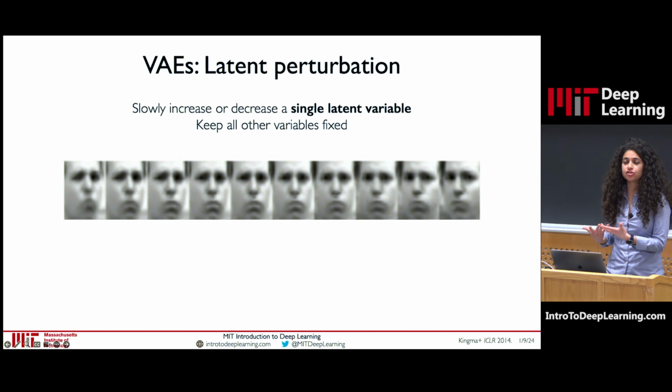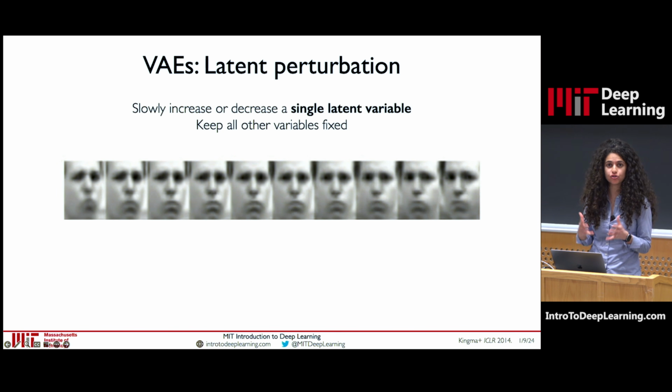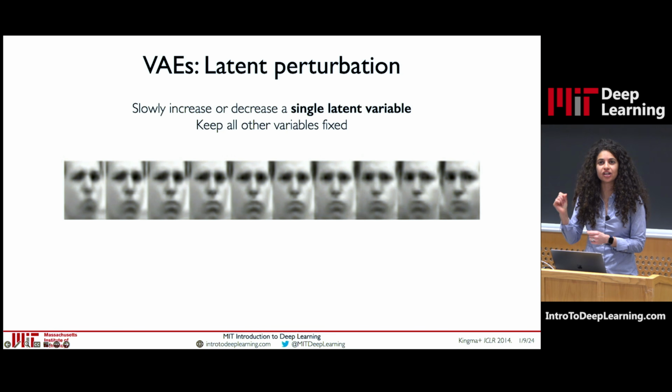Now, when it comes to having a trained VAE, a trained model, and trying to understand this question of what do the latent variables actually represent, what we can do is keep all variables except for one fixed and slowly perform a perturbation, changing the value of that single latent variable incrementally, and using the decoder component to now decode back out to our original data space.